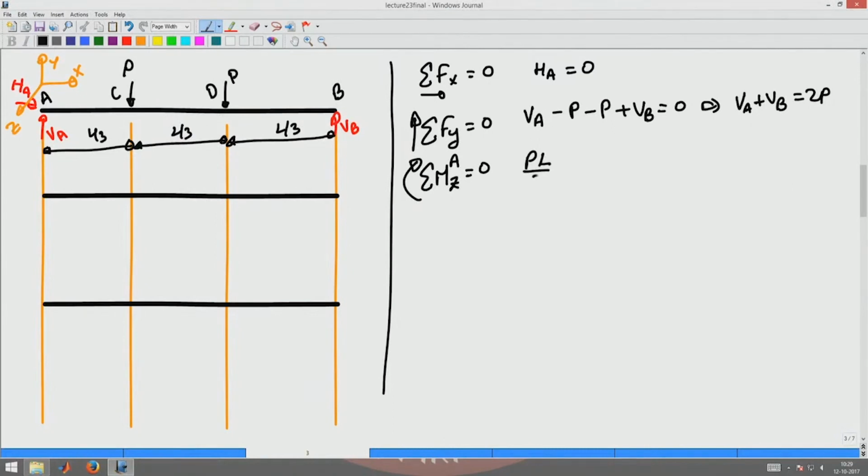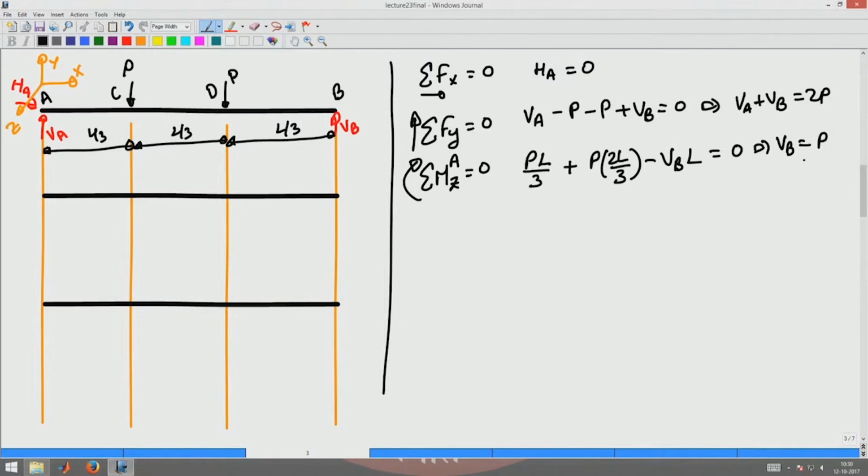So, you have P into L by 3, plus the point load at D produces an anticlockwise moment, and the lever arm for the point load at D is L by 3 plus L by 3, that is 2L by 3, plus the reaction force at B produces a clockwise moment, which is minus VB into L. The distance of B from the point A is L. So, this has to be equal to 0. From here we get that VB has to be P.